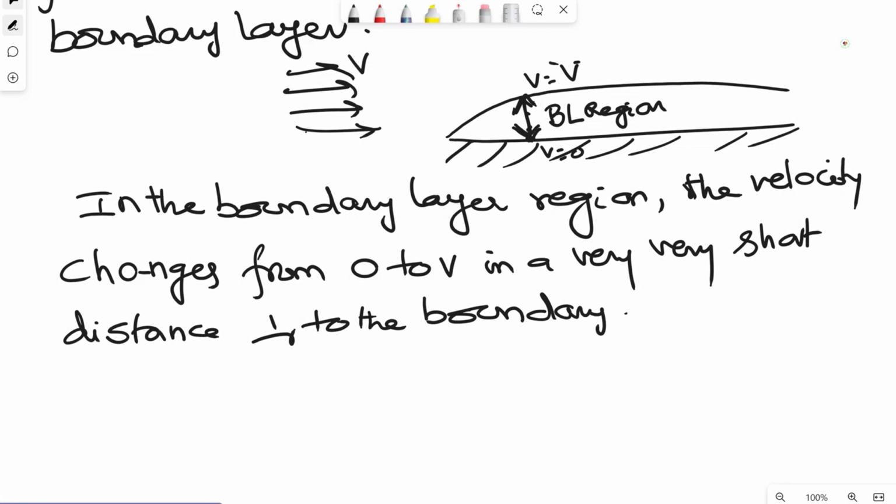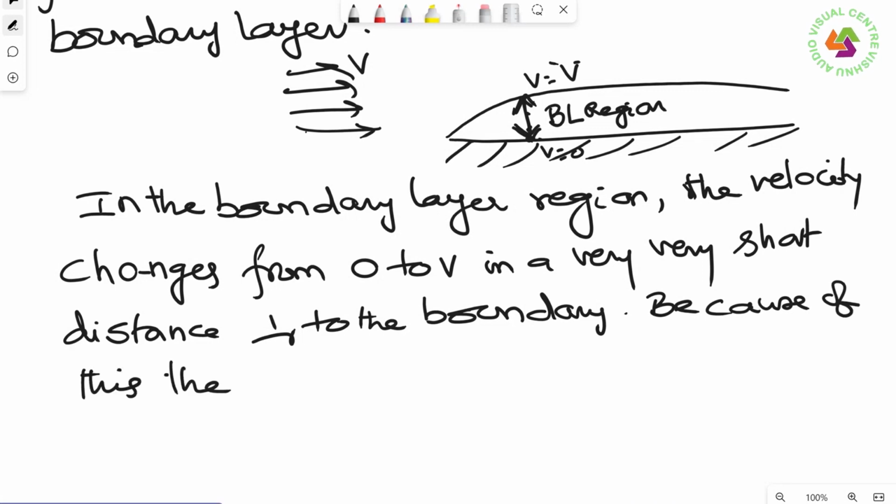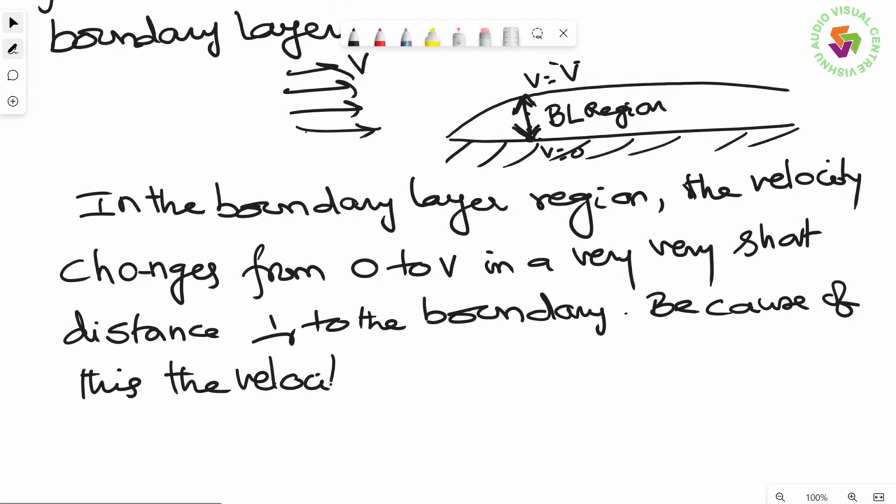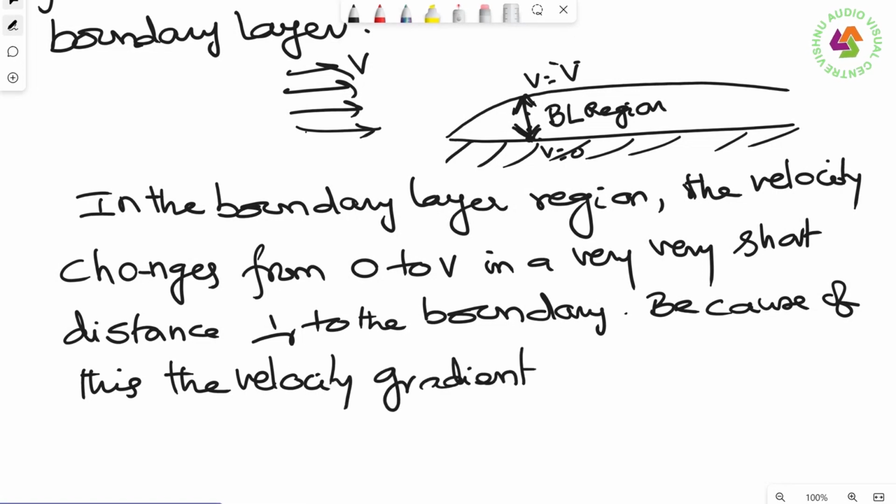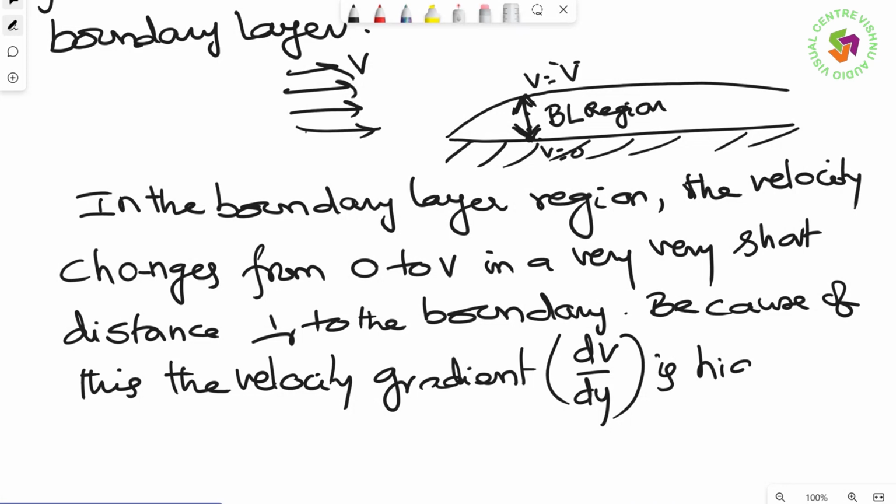That means this region is very short actually, very, very short distance. Because of this, the velocity gradient, what is velocity gradient? That is dv by dy. Velocity gradient is high in this region.